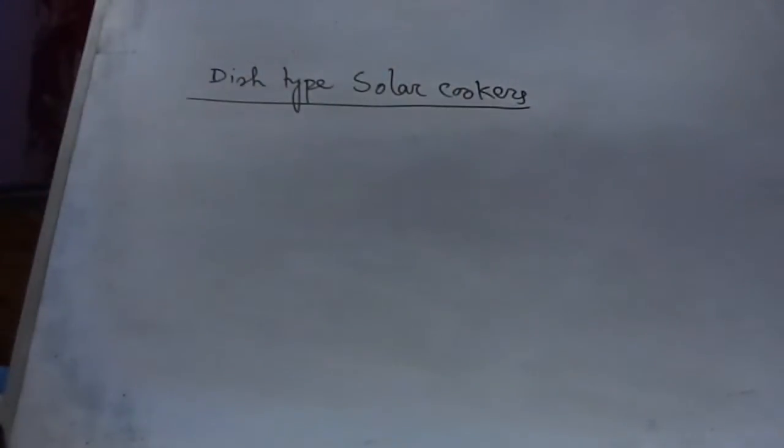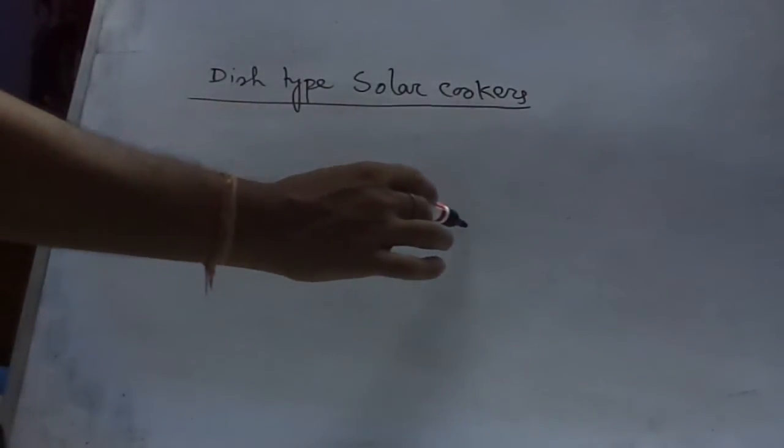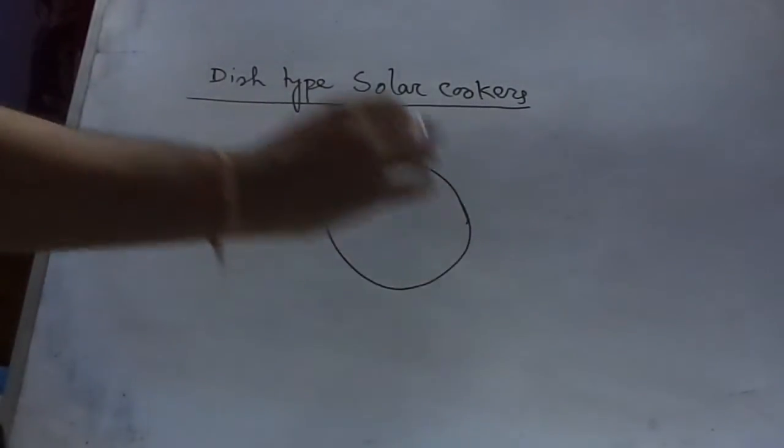Dish type solar cooker, that is the direct type, specially designed with a paraboloidal reflector.